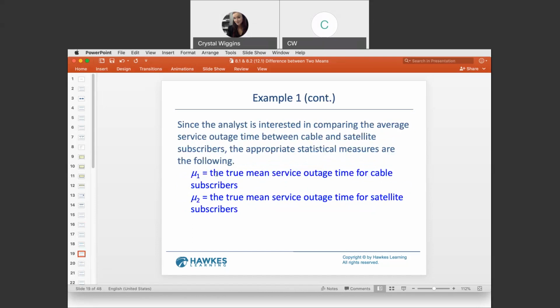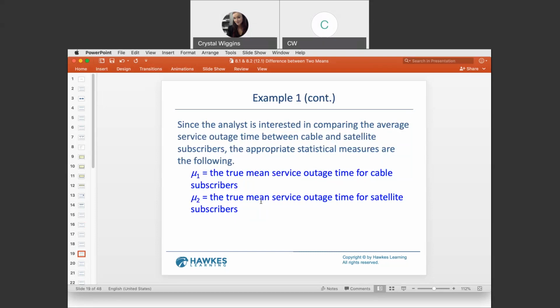Okay, so mu1 is the true mean for the outage times for cable, and mu2 is set to be the mean service outage times for the satellite subscribers, which is good because that follows along with how we labeled it in Rguroo. We labeled cable as population 1 and satellites as population 2.